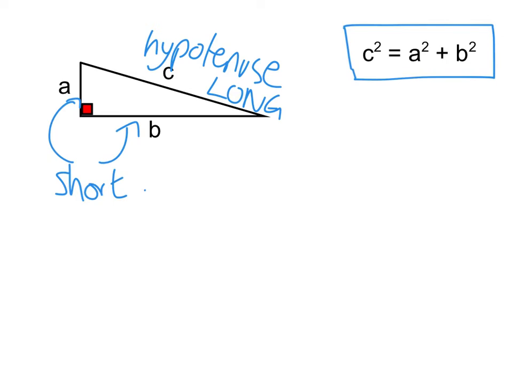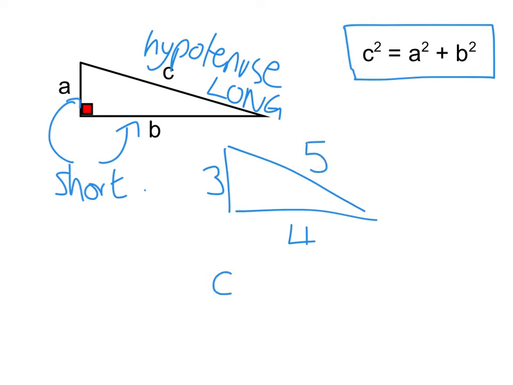Now Pythagoras discovered that if you add the a and the b squared together, you will get the length of c squared. So you then have to square root that to get what c would have been. And the classic example is if this was 3, this was 4, and this was 5.